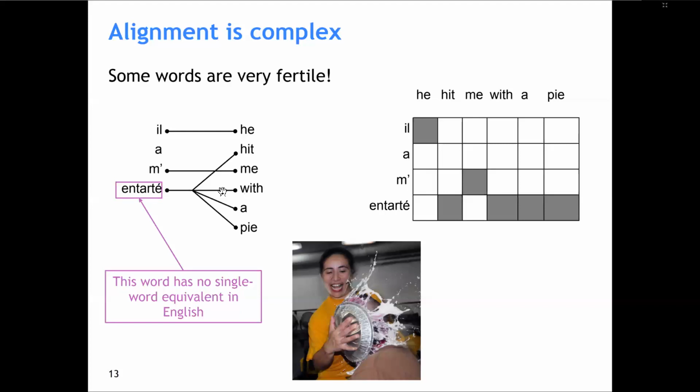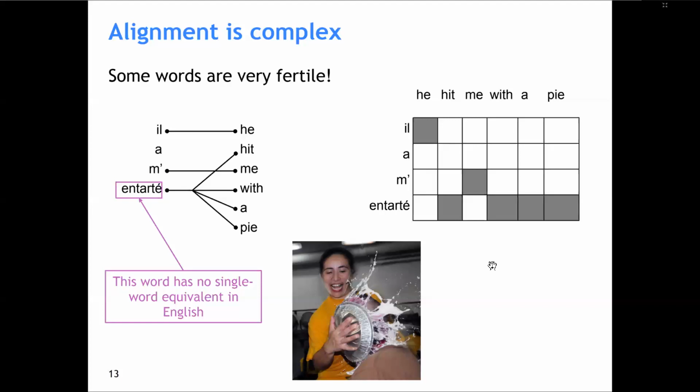Right. So some words can even skip. So there can be crosses in the mappings. So you see the alignment is actually not easy, right?